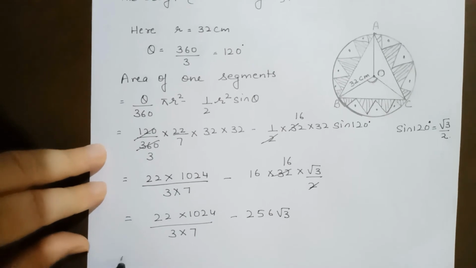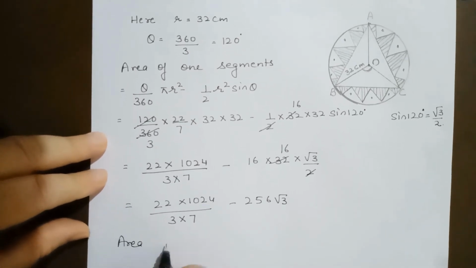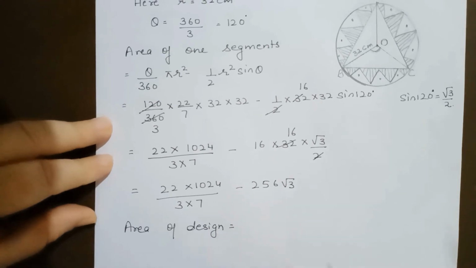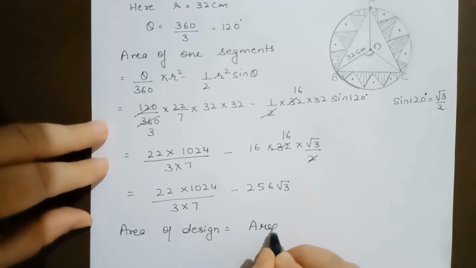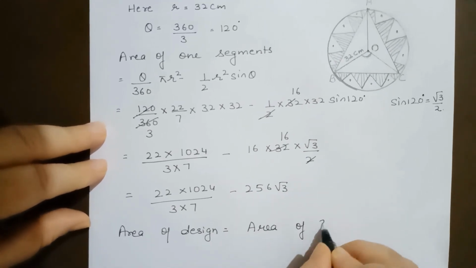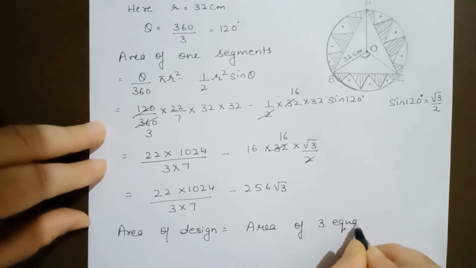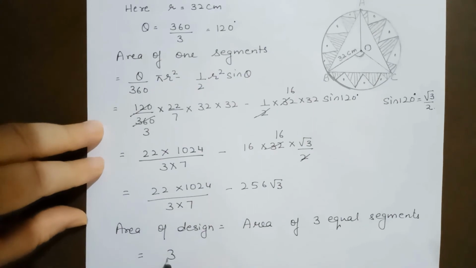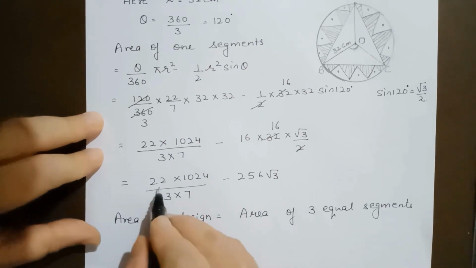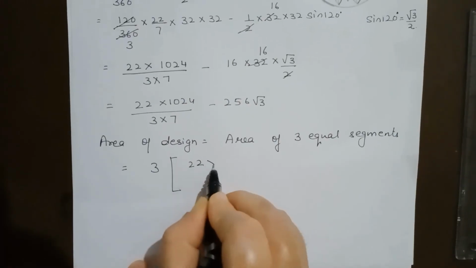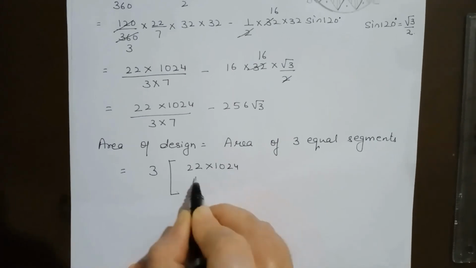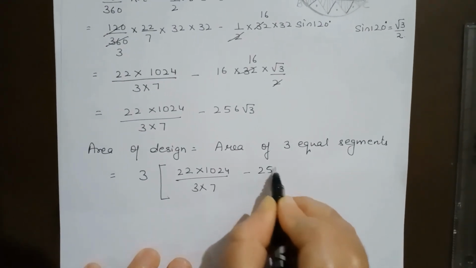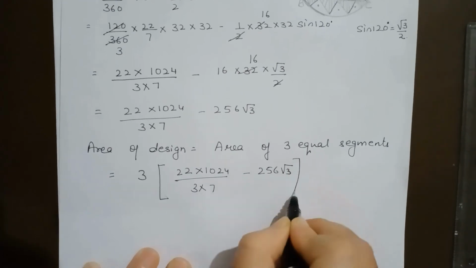So area of design will be equal to the area of three segments, three equal segments. This is the area of one segment, so we will multiply it by 3. 22 into 1024 over 3 into 7 minus 256 root of 3.